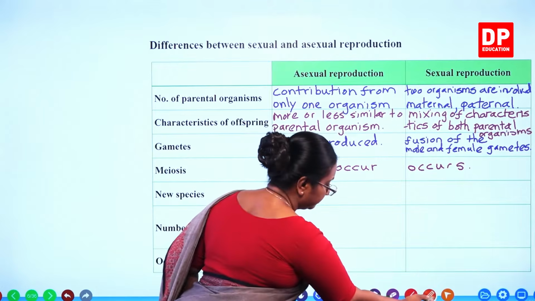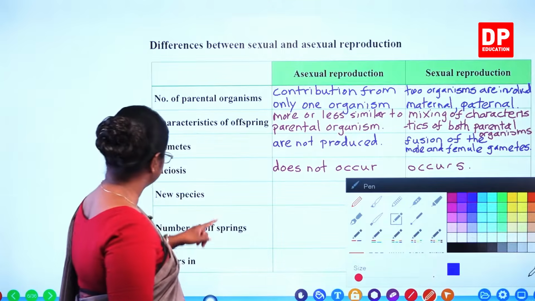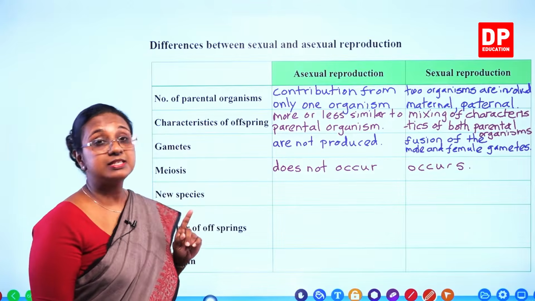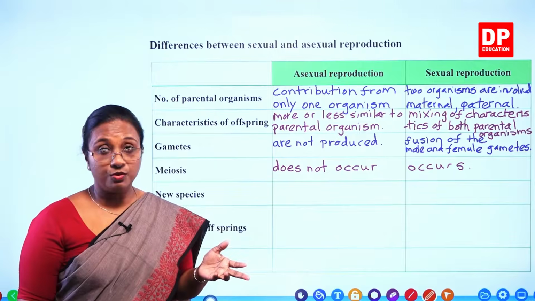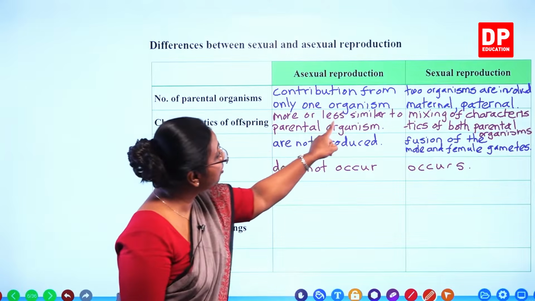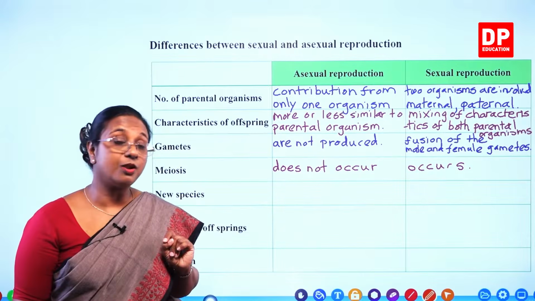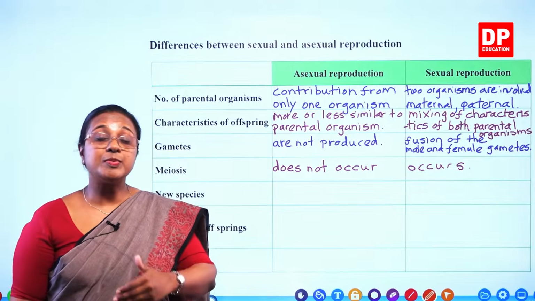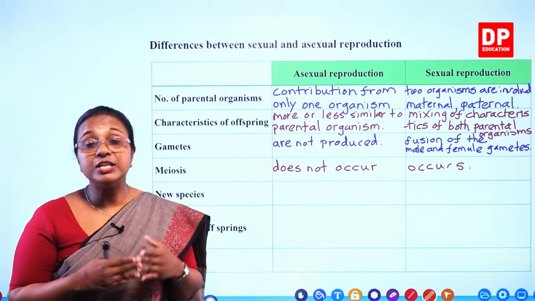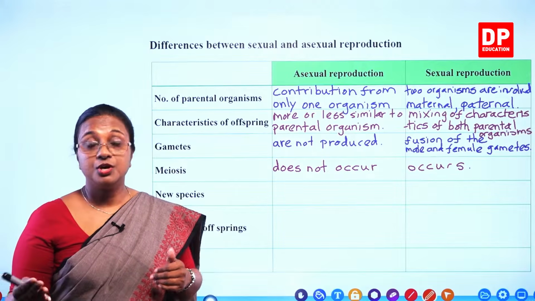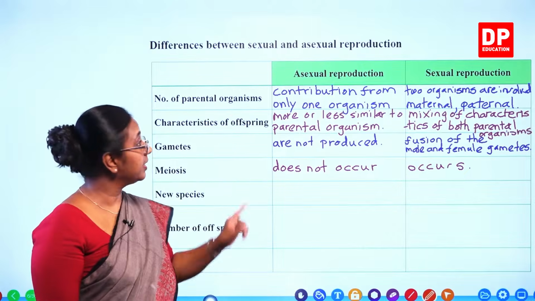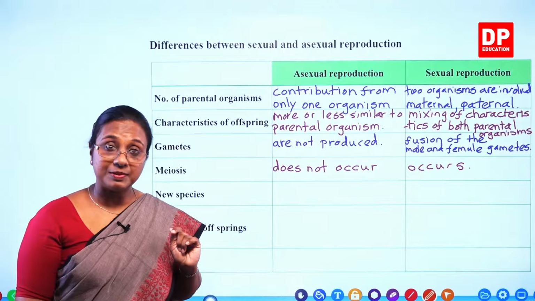Then the next one, new species. Is there a chance of new species forming during asexual reproduction? No. Why? If you look at the characteristics of offspring, they are more or less similar to the parental organism. That means no new characteristics are produced, so there is no chance of new species being produced during asexual reproduction.